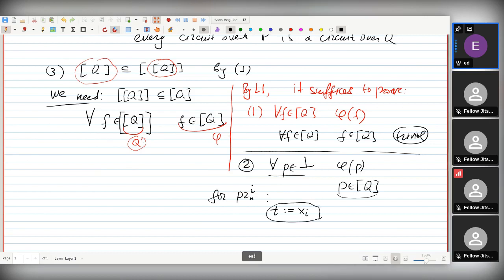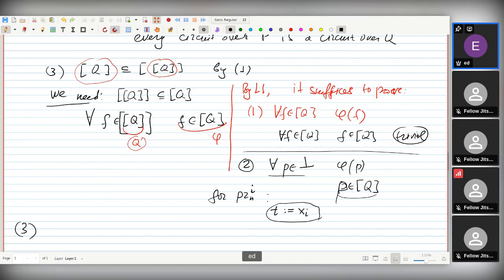That's all. This circuit computes my projector, and of course this circuit is a circuit over Q for whatever Q, because it doesn't use anything from Q, from our base set.